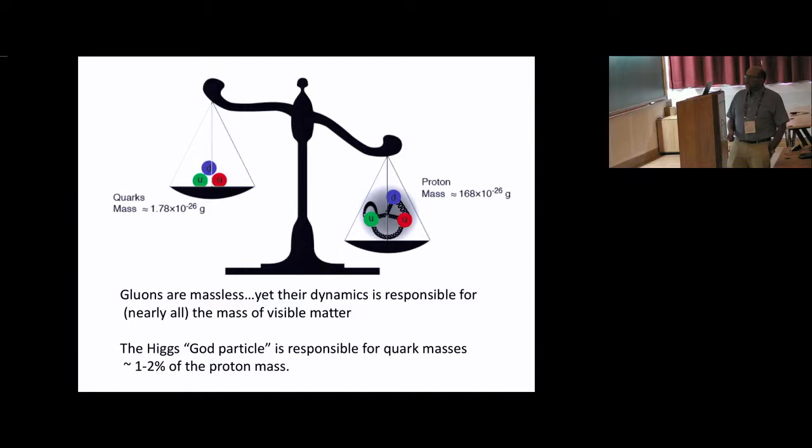So that's what the Higgs does for you. Yet, we are about 100 times more massive. I mean, the proton and the neutron are about 100 times more massive. And their mass really comes from the dynamics of quarks and gluons. And gluons play an absolutely critical role in this. So they're responsible for the mass of visible matter.